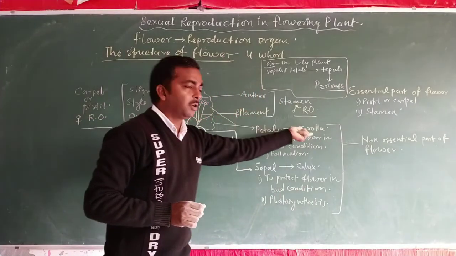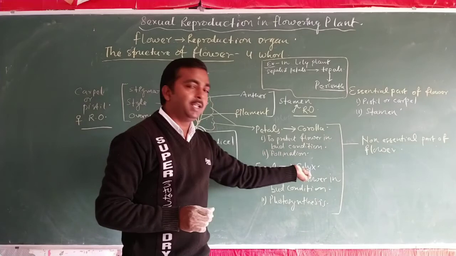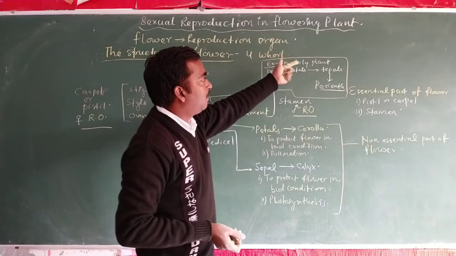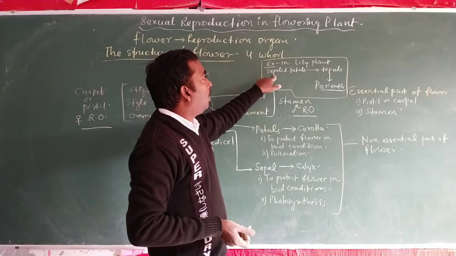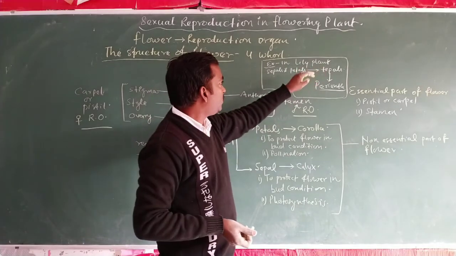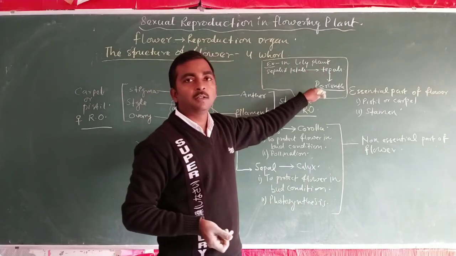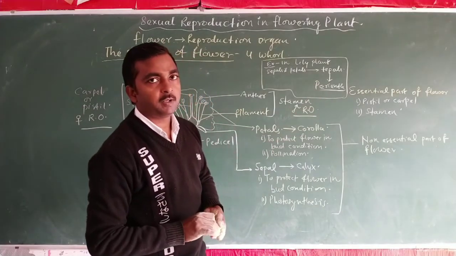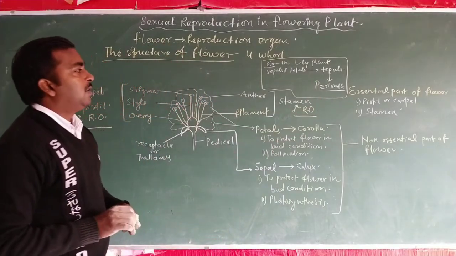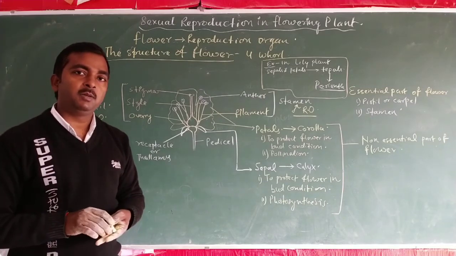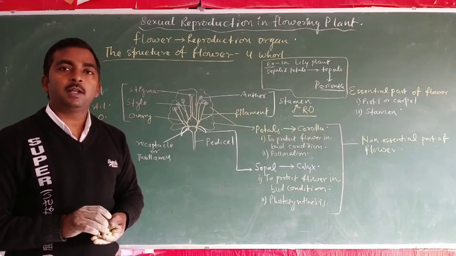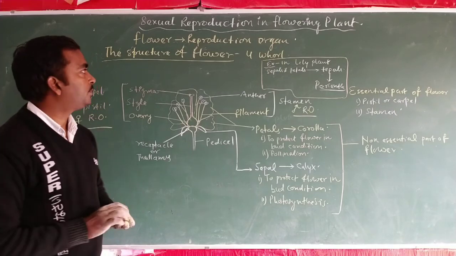Like petals form the corolla and sepals form the calyx, in such a way tepals, which are a common structure of sepals and petals, together make the perianth of the flower. They also protect the flower in bud condition and attract insects for pollination.